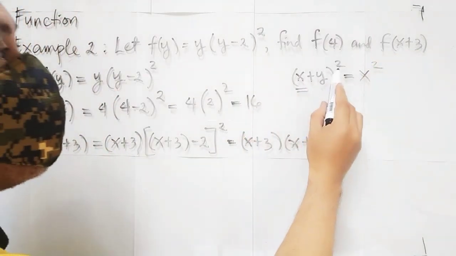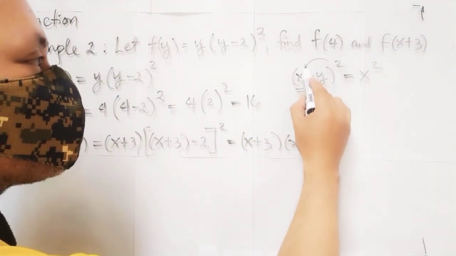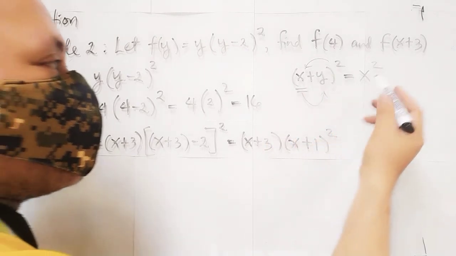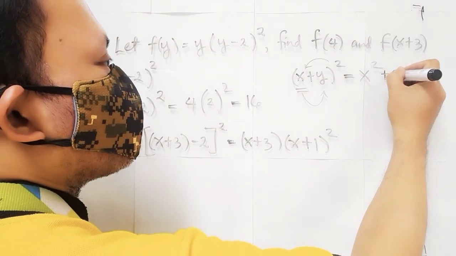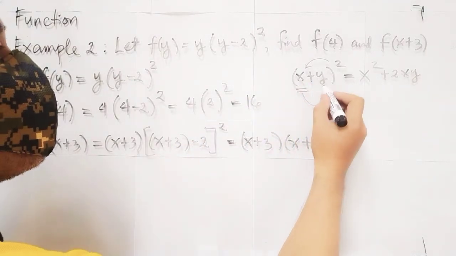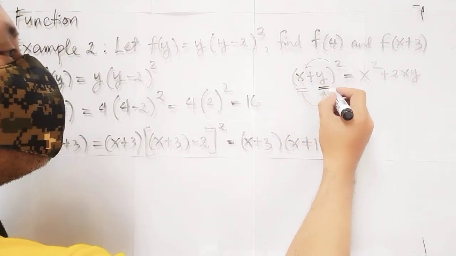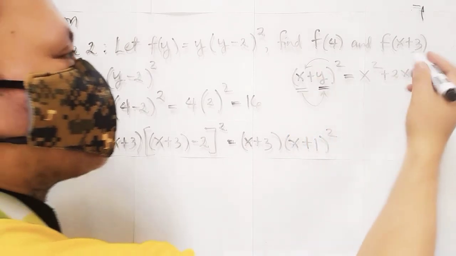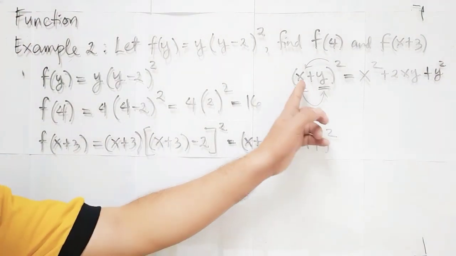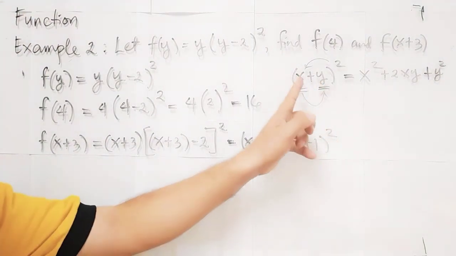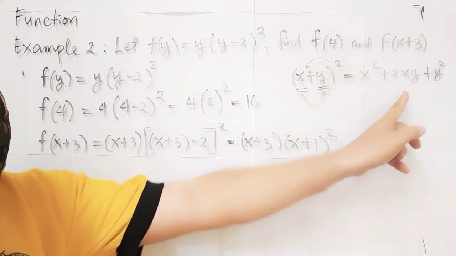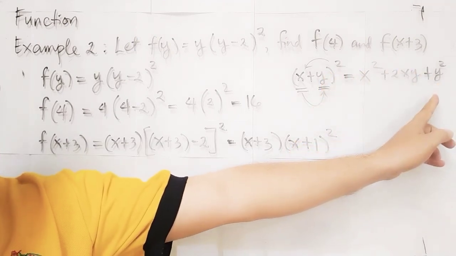Next, we have 2 times x times y equals 2xy. And then multiply the other variable by itself: y times y equals y squared. So this is how we expand our binomial.